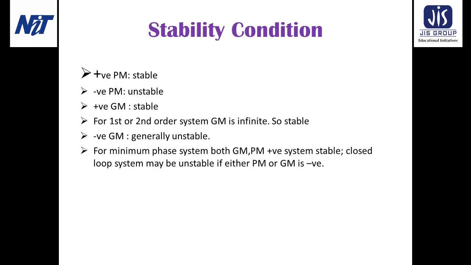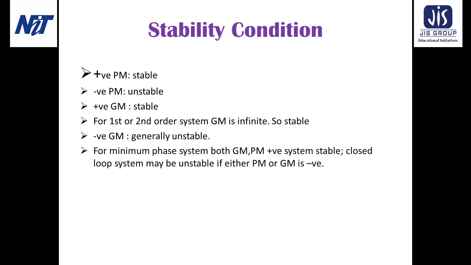Now if we consider the first order or the second order system, then the gain margin is always infinite and hence it is stable for all gain, as the polar plot of this first order or second order system does not cross the negative real axis.